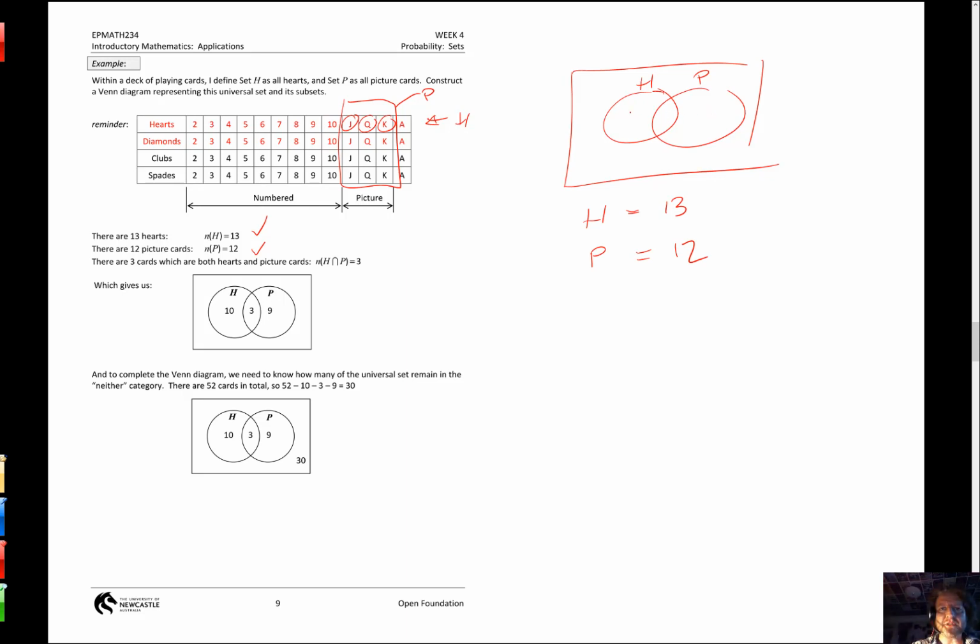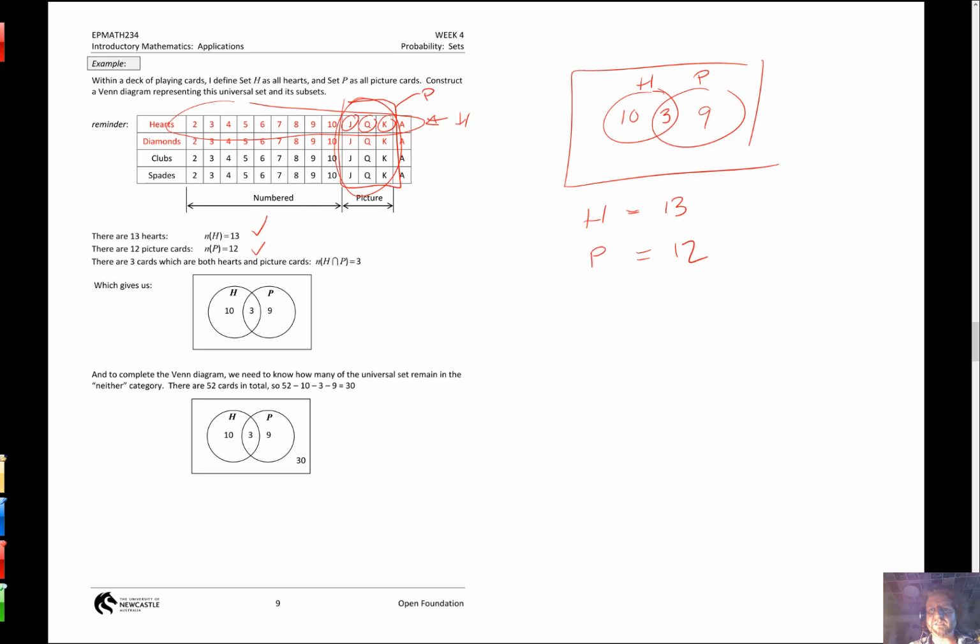What is the overlap between all of these hearts and all of these picture cards? It's 3 cards. There are 3 in the overlap. Hence, for the heart circle to contain 13, 3 plus 10 makes 13. For the picture card circle to add up to 12, we've got 3 there, so it better be 9 there.